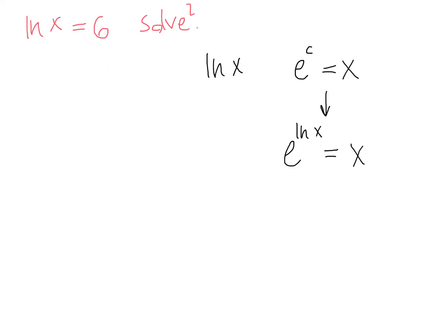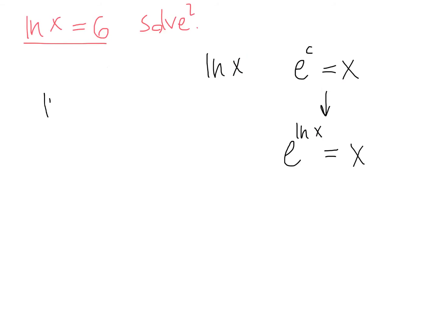But what it does is very powerful, because now notice that if I start with ln of some variable, and then I raise e to that power, like I have here, I end up with just that variable. And so let's actually apply it to this situation here.